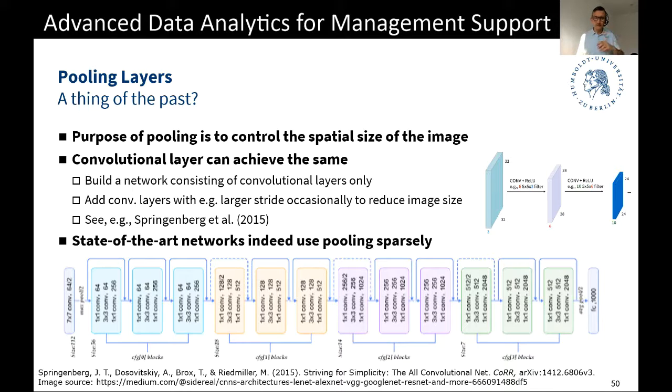If I want to reduce the dimensionality, I just set my padding accordingly or let go on padding entirely. And that's probably how they came up with these types of architectures.